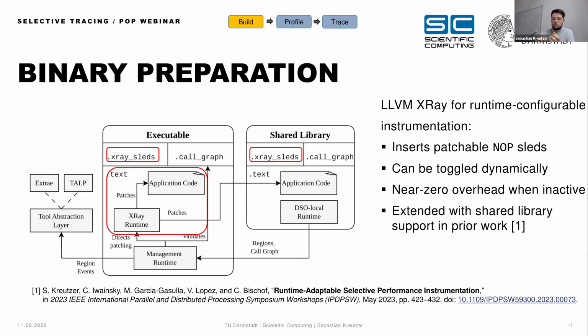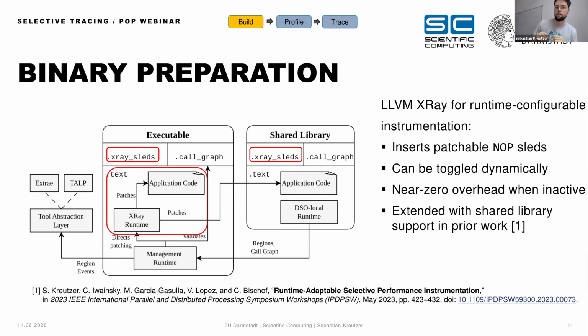And on the other side, I can decide dynamically if I want to change the instrumentation. I can disable these instrumentation points without having to recompile or restart the application. And we have extended this feature previously with shared library support.